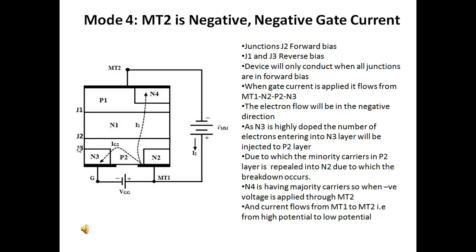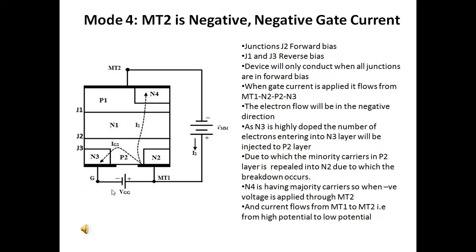As we know, the device is going to conduct when all the junctions are in forward bias. Now, when gate current is applied, the gate current flows from MT1 to N2 terminal, then P2, then N3.